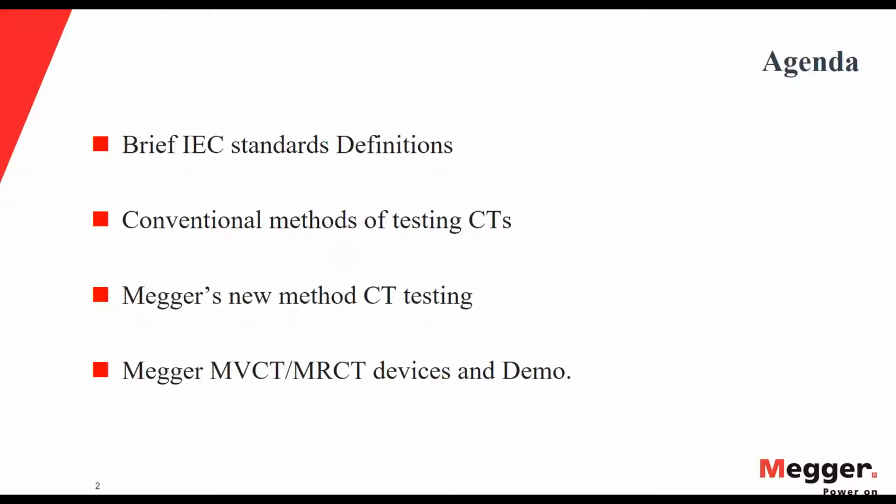And then we will go through some of the testing techniques that have usually been done in the past, or what we call conventional methods of testing for the CTs, what used to be done, and what are the advantages or disadvantages of using these conventional methods.